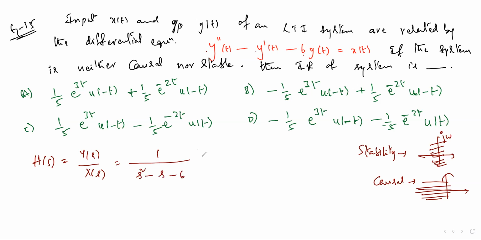This one is not a problem. We can easily do the partial fractions, which is nothing but A by s minus 3. Or, minus 5 minus 1 if you take, you will get minus 1. That means minus 3 plus 2.